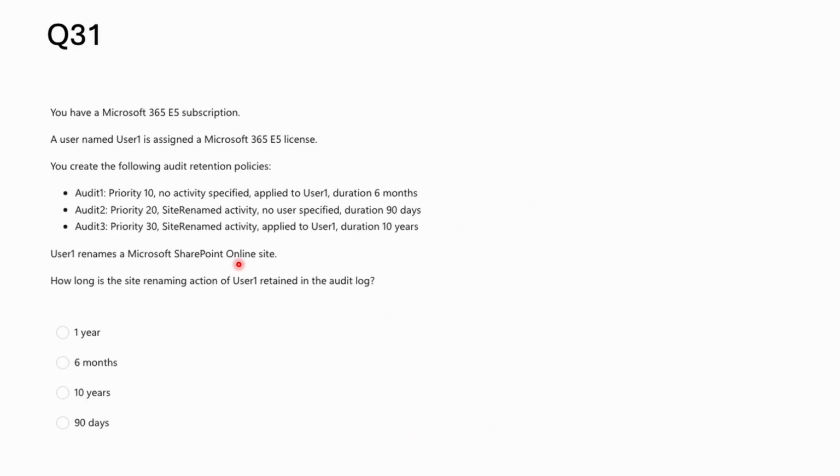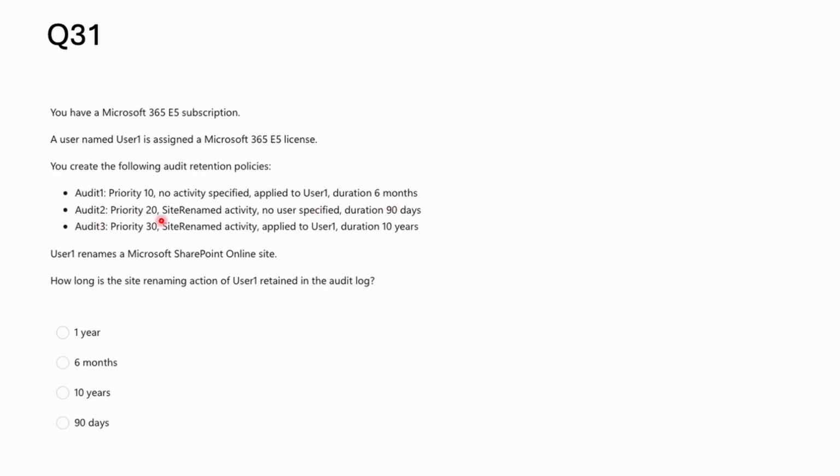The question number 31, here it says you have a Microsoft 365 E5 subscription. A user named user1 is assigned a Microsoft 365 E5 license. You create the following audit retention policies. Audit 1 has priority 10, no activity is specified, applies to user 1, duration is 6 months.